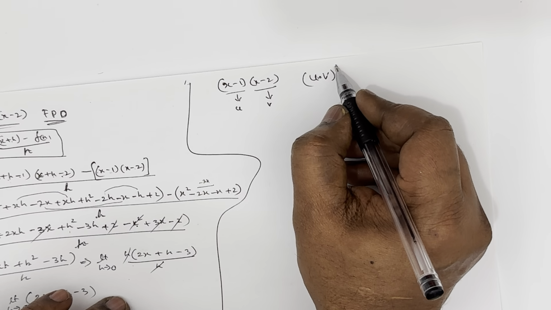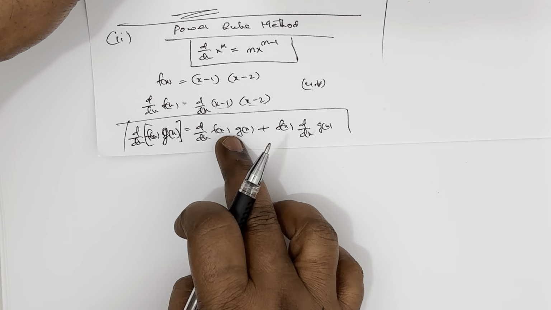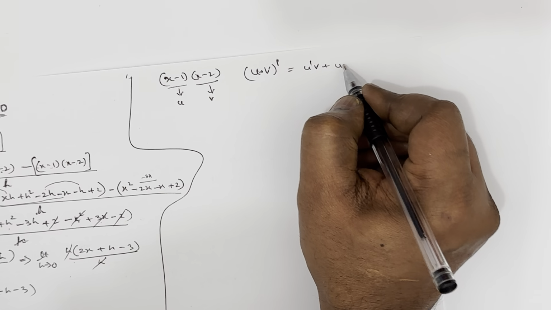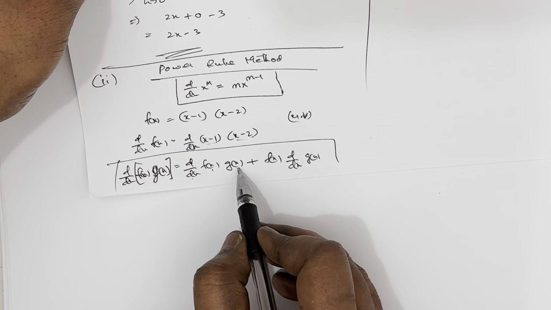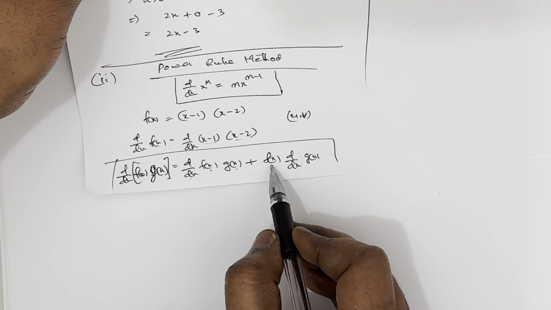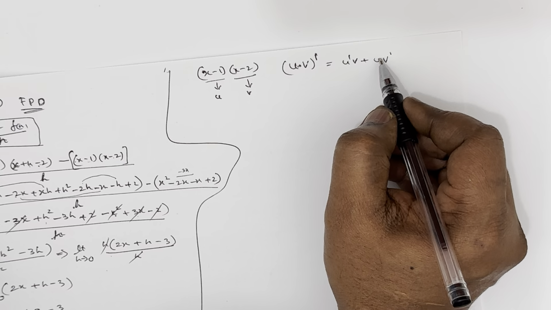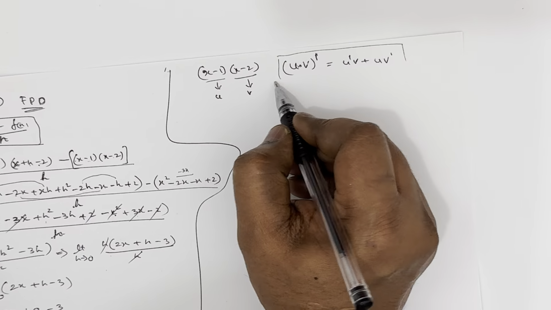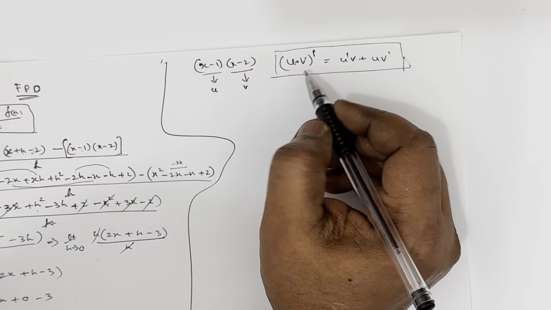So (uv) dash is equal to u dash v plus u v dash. Same thing: the derivative of the first function multiplied by the second function, plus the first function and the derivative of the second function. It only looks a little smaller and more visible, that's why we're using this.